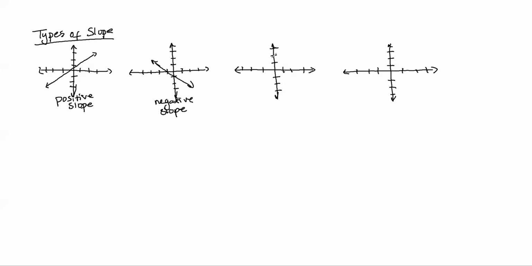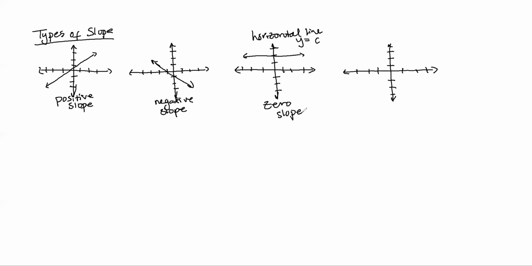A horizontal line, so this is a horizontal line, and this is going to be in the form y equals c, so y equals some number. This has 0 slope.